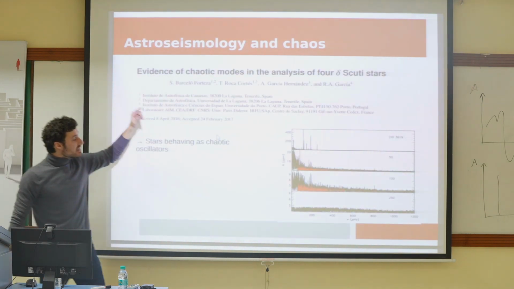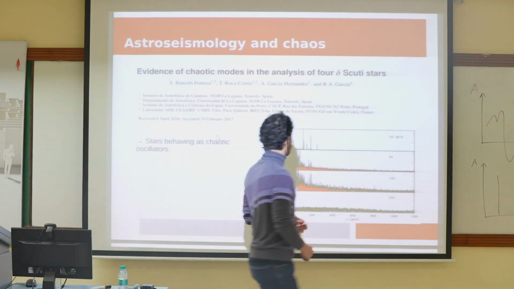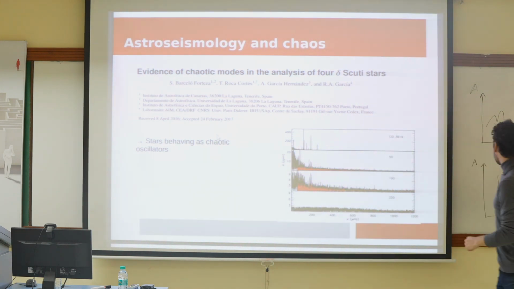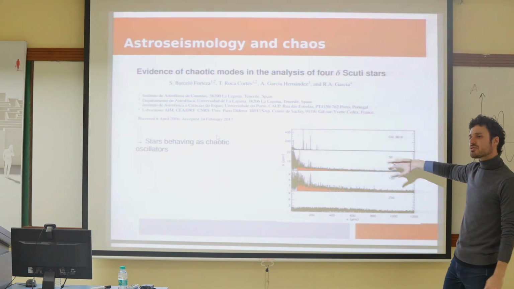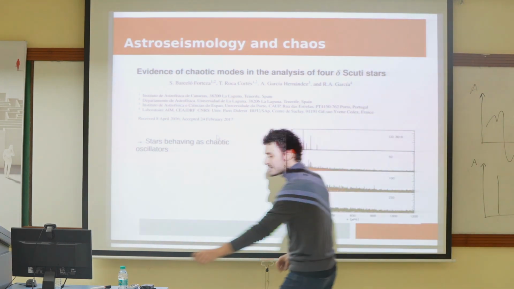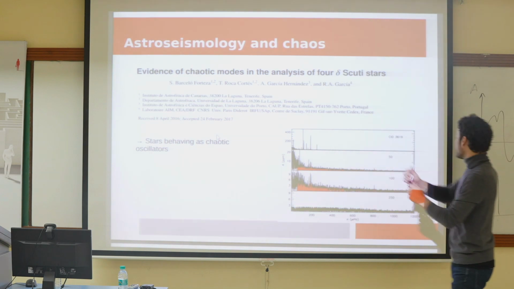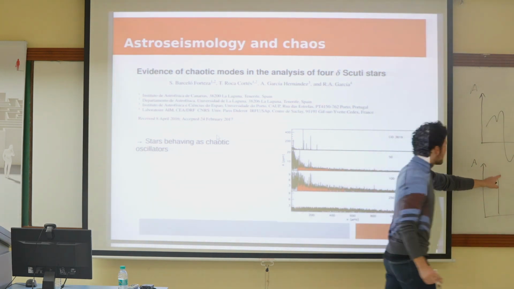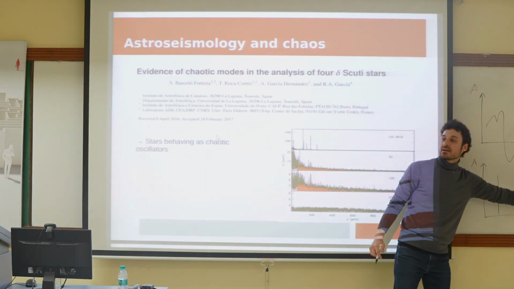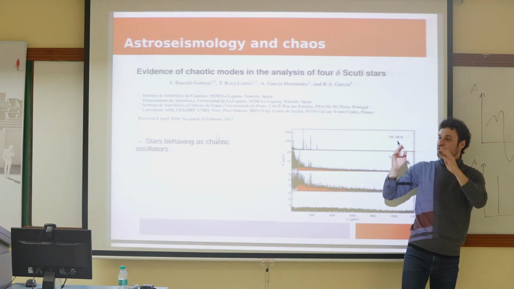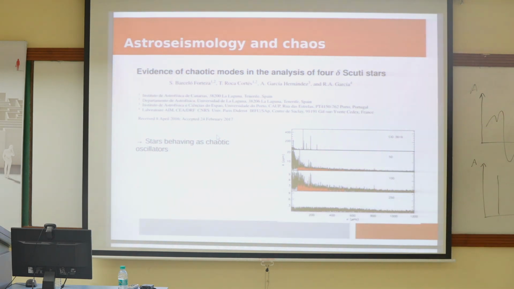And you do indeed see that certain stars seem to have some kind of chaotic component of their oscillation. You remember the way chaos shows up in these spectra is in the fact that you have a whole bunch of noise. So instead of having neat peaks at the frequencies of oscillation, which is the case when you have a neat oscillation, if you add up a whole bunch of stuff, you get just noise.